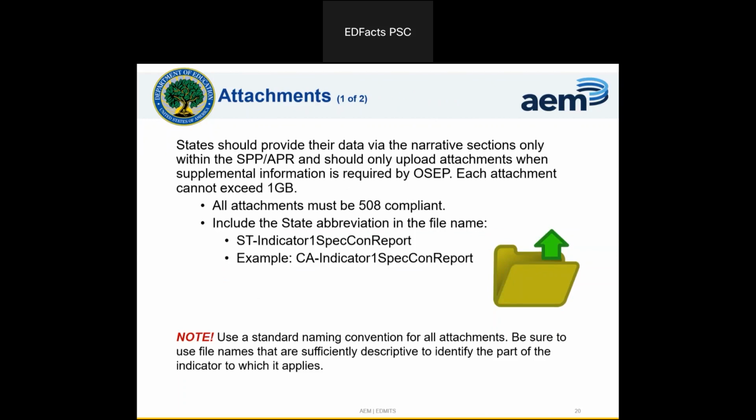If attachments need to be uploaded in the event that additional information is required, these are the guidelines that you should keep in mind. Be sure to use a standard naming convention for all attachments so they're easily identifiable in both the file names and the description of the attachment. They can also be in any format, but may not be more than 1 GB in size.